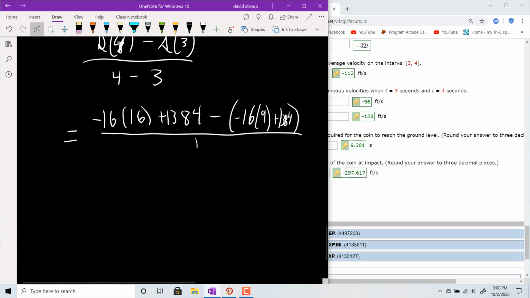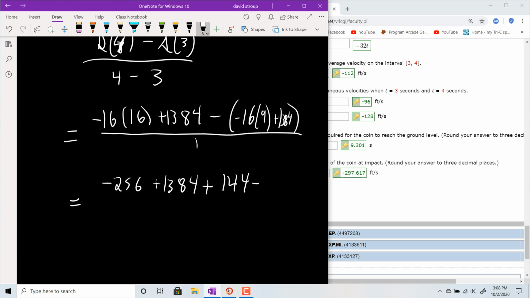And then we may need a calculator. 16 times 16 is 256. Negative 256 plus 1384, plus 16 times 9. I have like the worst calculator in the world right now.